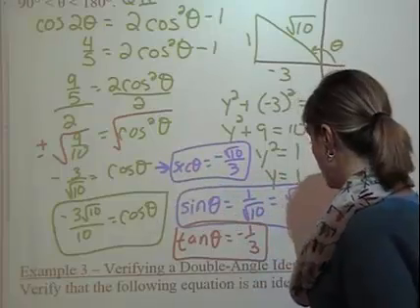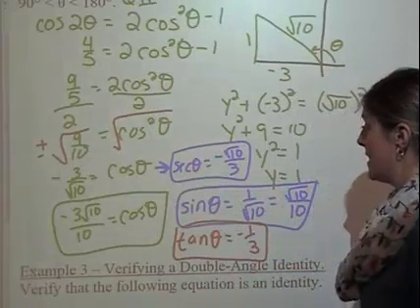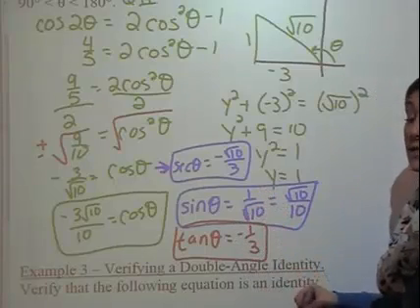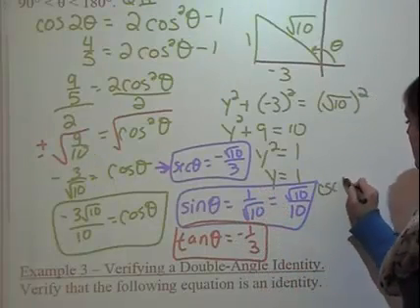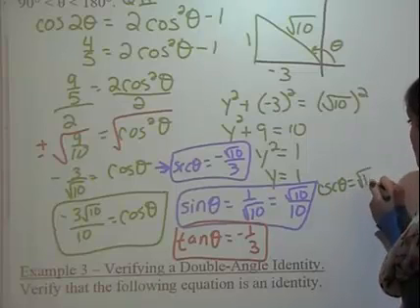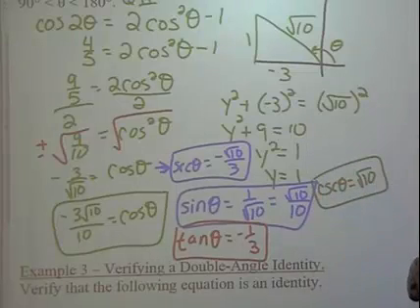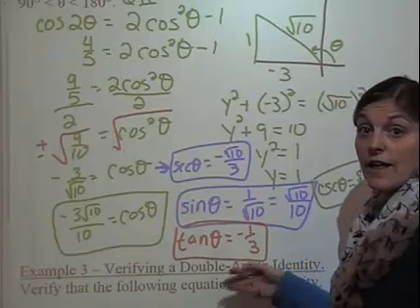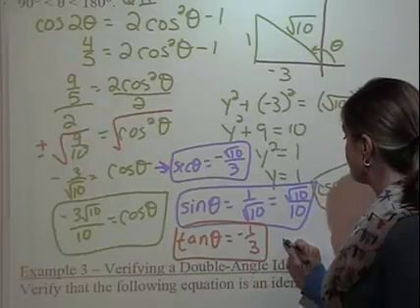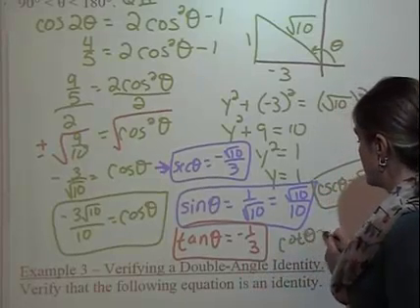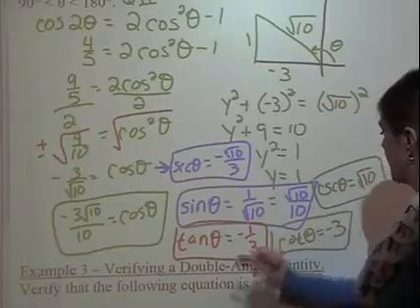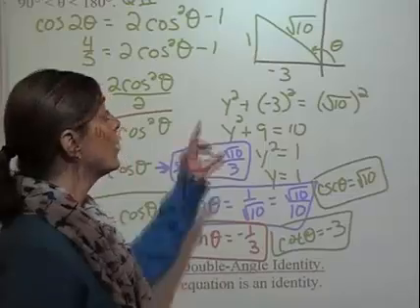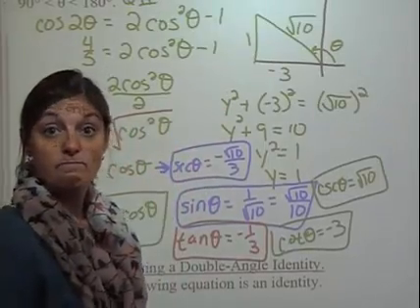And we know that if sine is 1 over the square root of 10, then cosecant is going to be square root of 10. And if we know that tangent of theta is negative 1/3, then cotangent is the reciprocal of that, so it's going to be negative 3. And so those are all of the 6 trig values for theta in this problem.